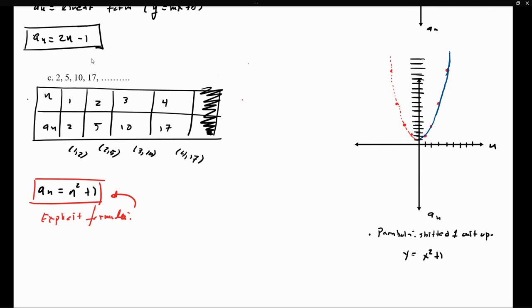Is it a parabola? What kind of a function does it seem to be? And then use that idea and just start estimating some functions. And then at the end, your job is to verify that that explicit formula matches up with the values that we got initially on our table.